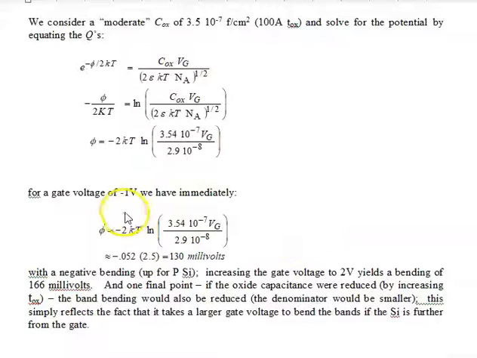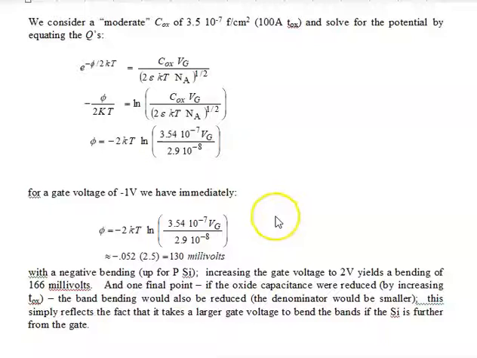We put all that in, and we get about 130 millivolts. That's a fairly good number. That is for minus 1 volt, or 1 volt, on the accumulation side of the equation. If we put in 2 volts, we get a little bit more, 166 millivolts. And that is actually kind of important.